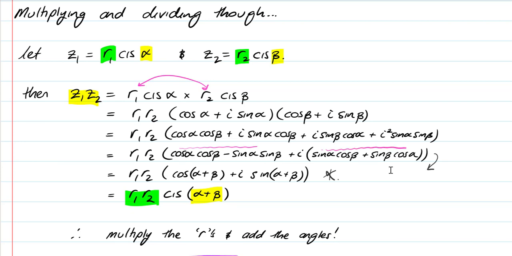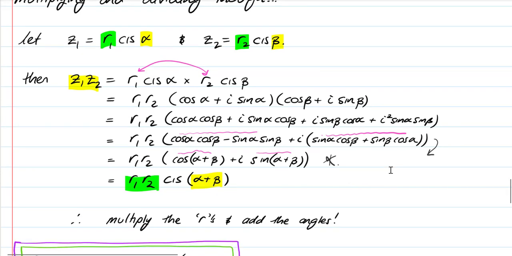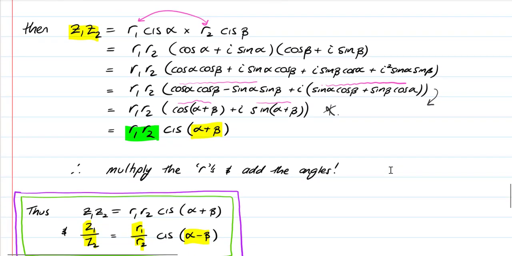And it turns out that real component is actually the additive formula for cos alpha plus beta, and the imaginary component is sine alpha plus beta, and so we end up with R1 R2 cis alpha plus beta. So we multiply the moduluses and we add the arguments. So there's our general rule.